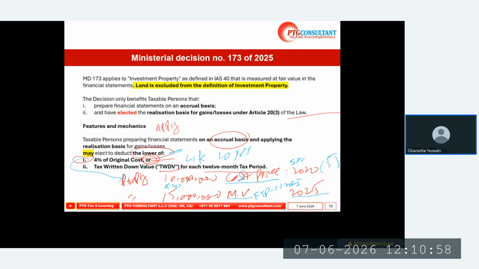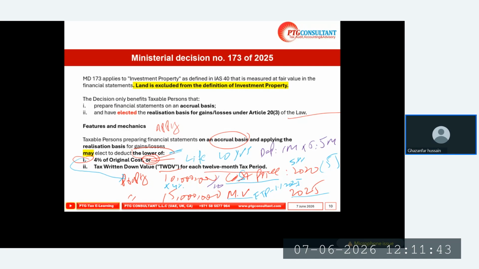If we divide the 10 million by 10 years, it is 1 million depreciation per year. Up to 2025 is 5 years, so 5 million depreciation. We are just calculating outside the books, because currently the asset is at fair value, market value. So we are just looking into that.